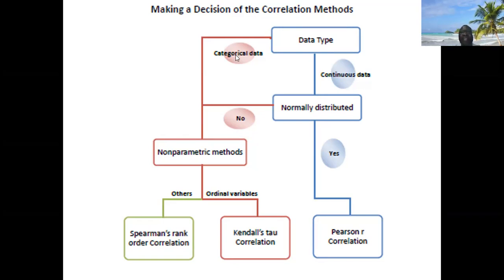But from the beginning, if the data set is categorical, you ask, okay, is it ordinal? You know there are different types. Actually, for you to even do non-parametric correlation on something categorical, it has to be ordinal. You cannot do the one that is not ordinal.